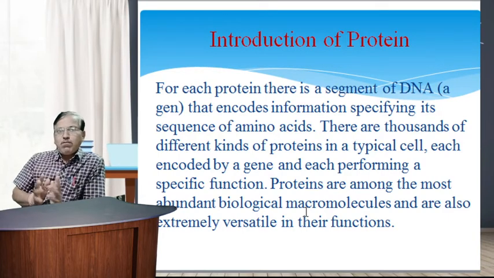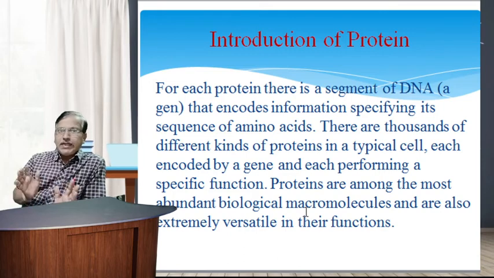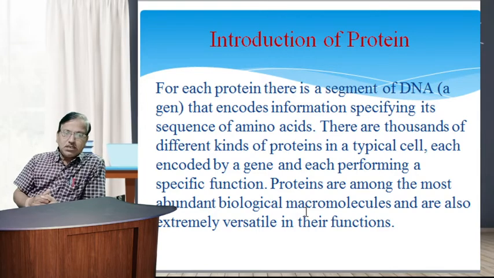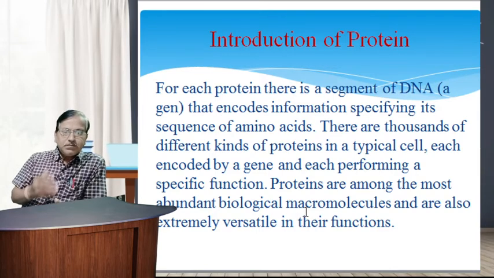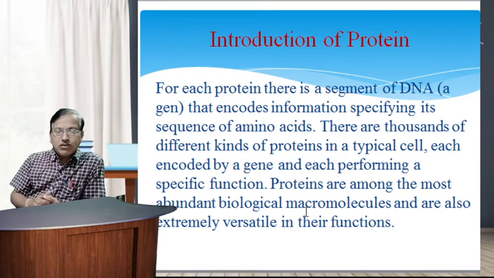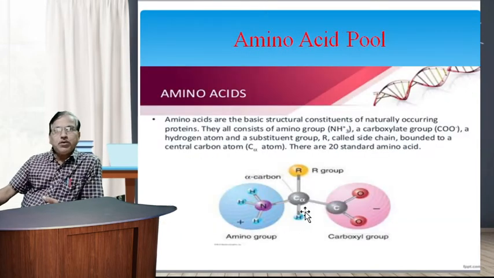Proteins are among the most abundant biological macromolecules and are also extremely versatile in their functions. So this is the most important role in the cells from an intracellular or extracellular point of view.